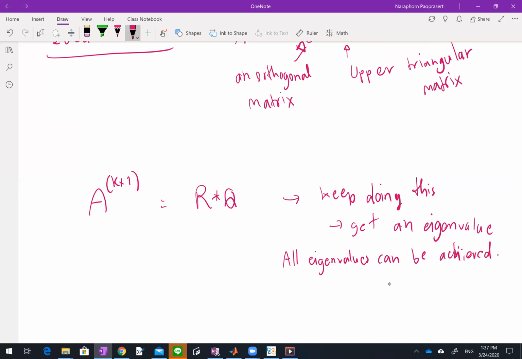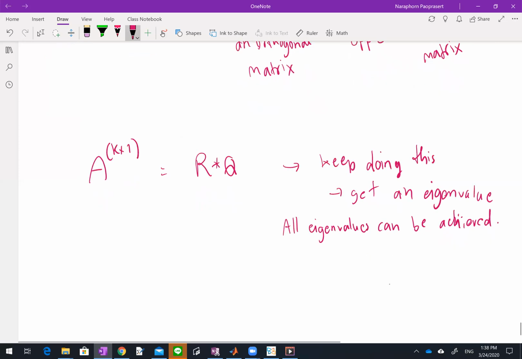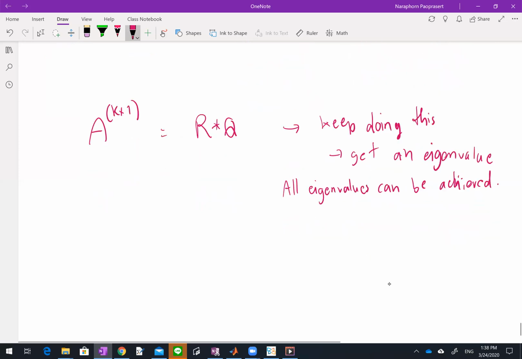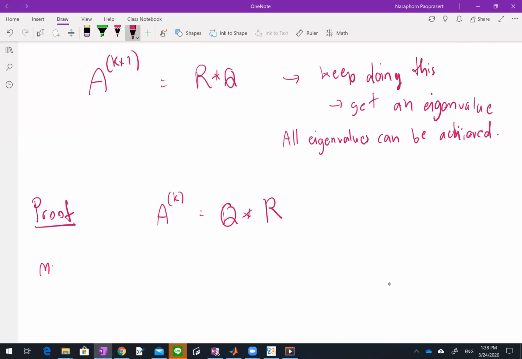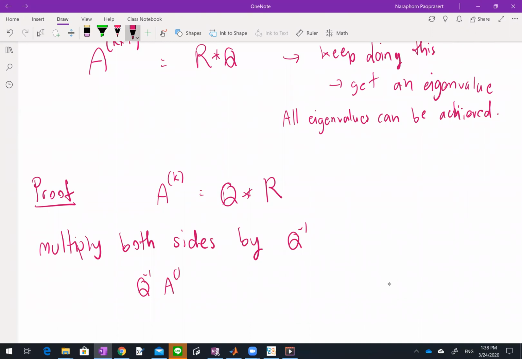Okay, so let's just prove a little bit. So let's see a little bit of the proof here. You say that if you split A in the kth iteration to be Q times R, multiply both sides by Q inverse, we're gonna get Q inverse Ak equals Q inverse QR.